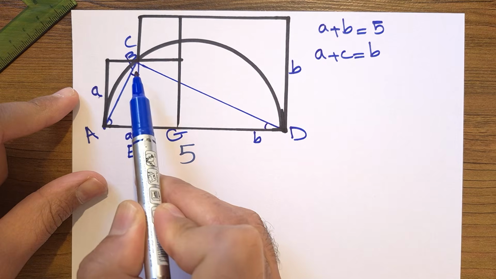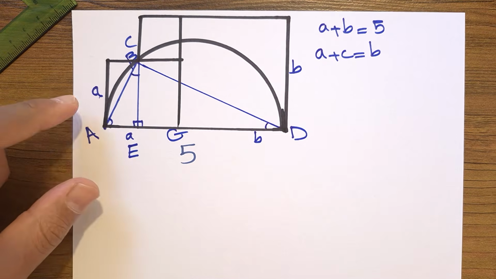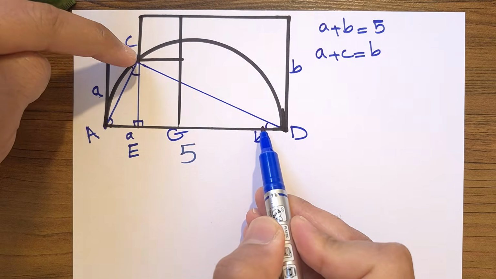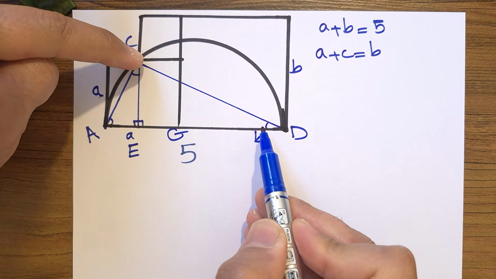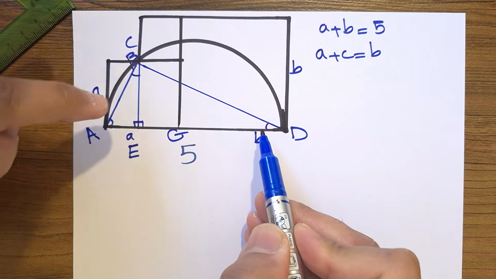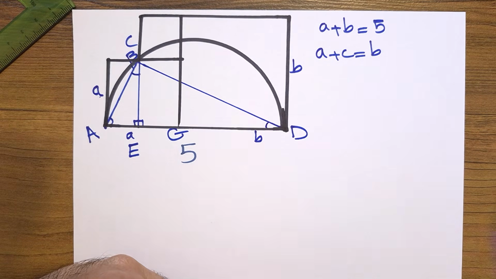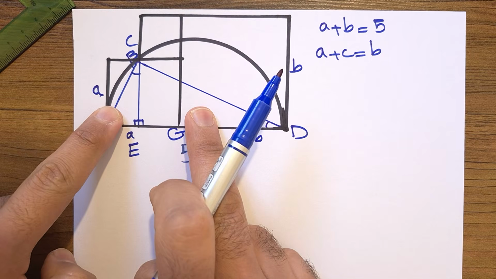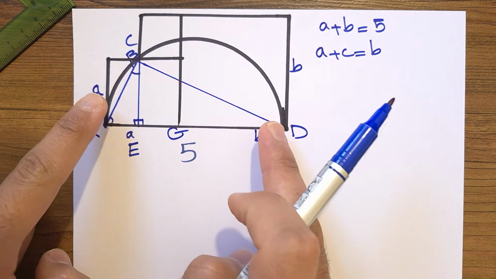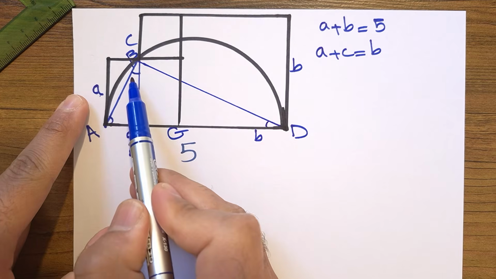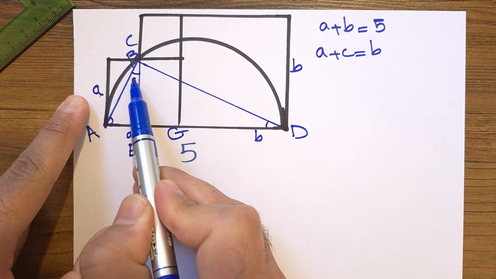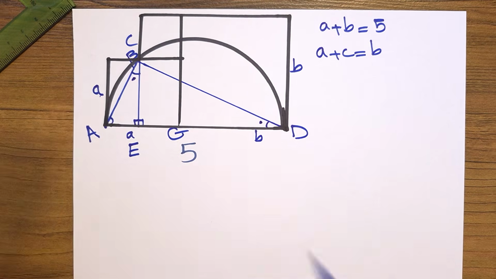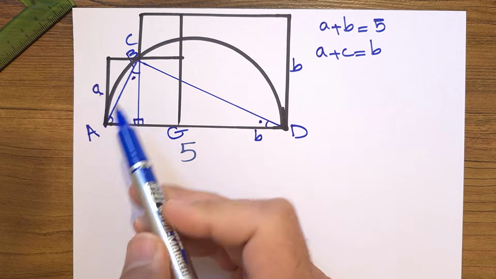This angle plus this angle is 90 degrees. So we can say that these two angles are exactly equal to one another. So it's solved now. We found that these two little triangles have another shared angle. In other words, this angle equals this angle. So these two triangles are similar.